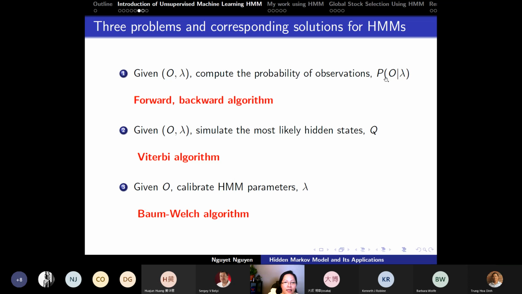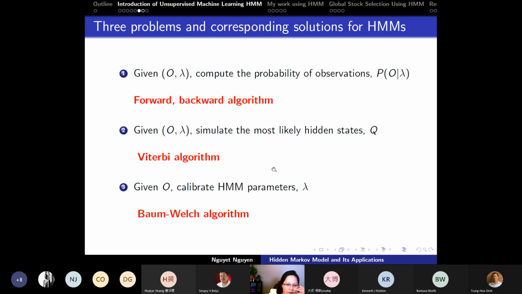Then I can calculate the probability of the observation. This is the example at the beginning. I can calculate the probability that in 5 days, I will have a sequence of weather events. To do that, we have the forward or backward algorithms.